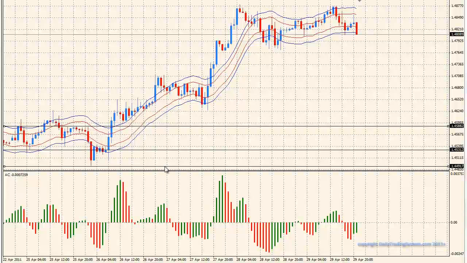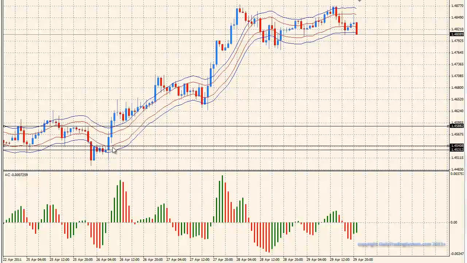What I would do is move my stop loss to break even, or bring it up to the first area inside that red band right there. That way, if the market reverses, you'll always make some money out of it.